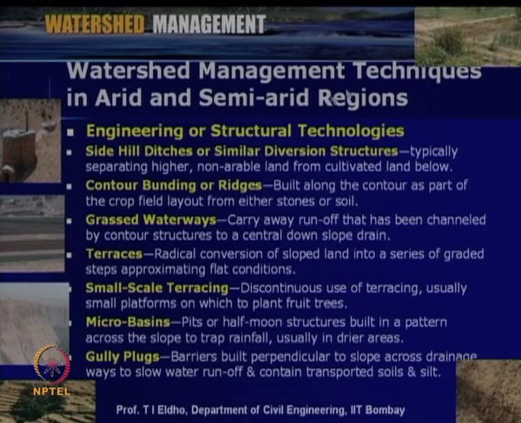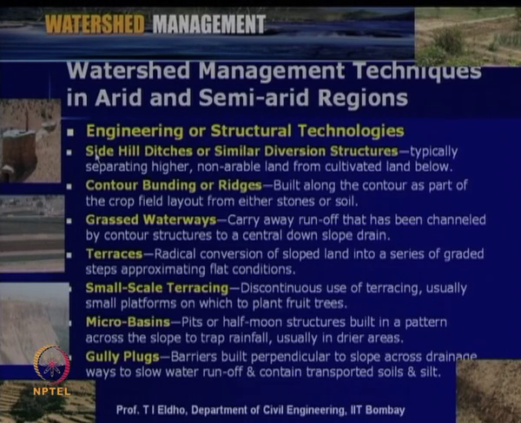Now let us look into various techniques which we can utilize in terms of engineered techniques or structural technologies as far as arid and semi-arid regions are concerned. Some of the important engineering technologies are listed here as far as watershed management is concerned for the arid or semi-arid regions.